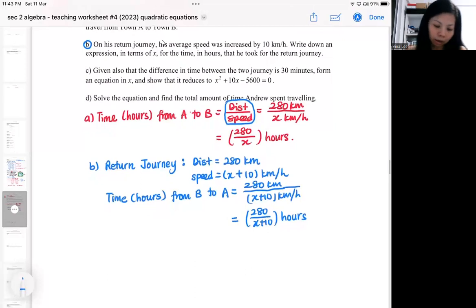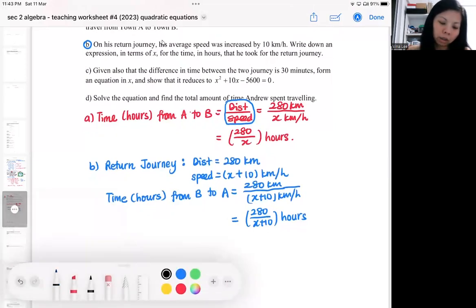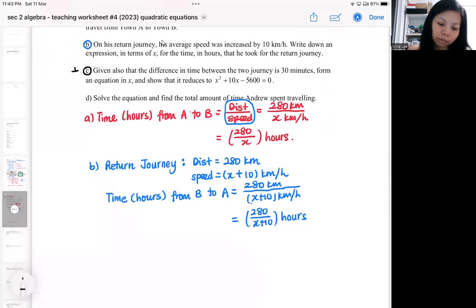Okay, here comes the challenging part. They gave you a piece of information. The difference between the two journeys is 30 minutes. And your job is to show that you will come to this quadratic equation.